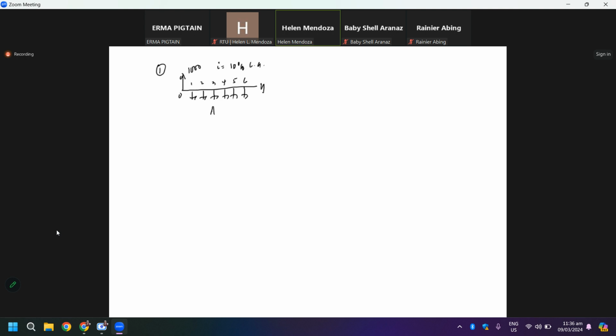So if we have this A as unknown, P is at time 0, A is at time 1. The relationship between the value at time 0, which is P, and the first A in the series is at 1. Tama na siya, tumugma na rin ang interest. So, ibig sabihin, pwede ko nang gamitin yung formula.